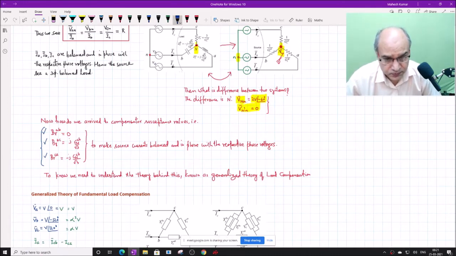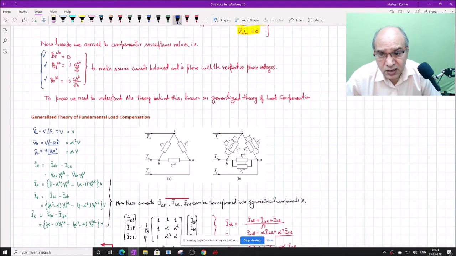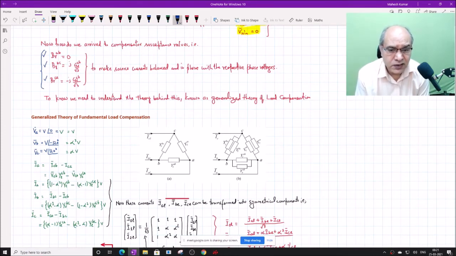This comes under the theory of load compensation for fundamental components, that is, at fundamental frequency. This is a very generalized theory which says that you can compensate any three-phase unbalanced, ungrounded three-phase system load with the help of a purely reactive network.